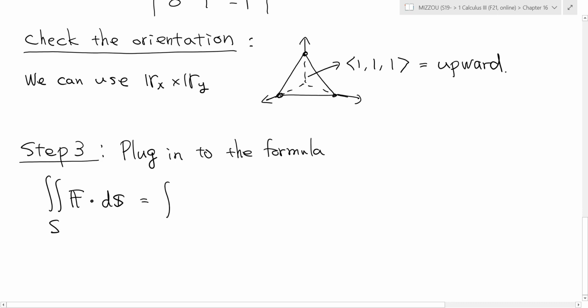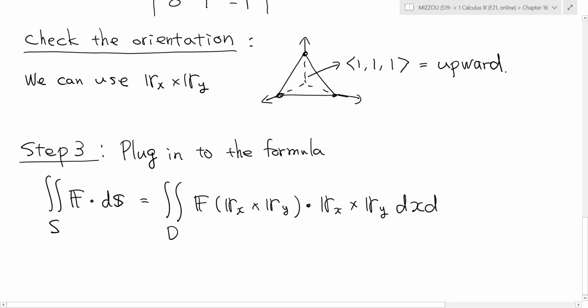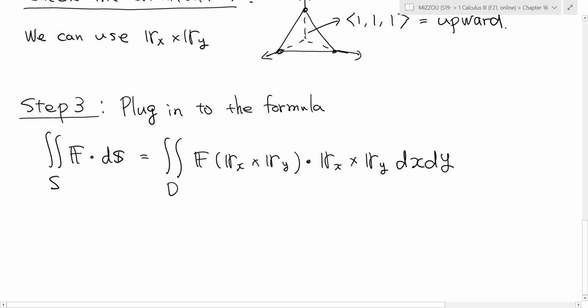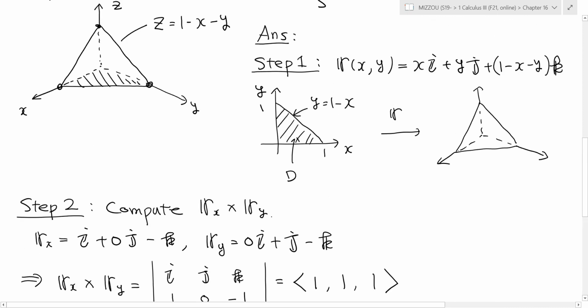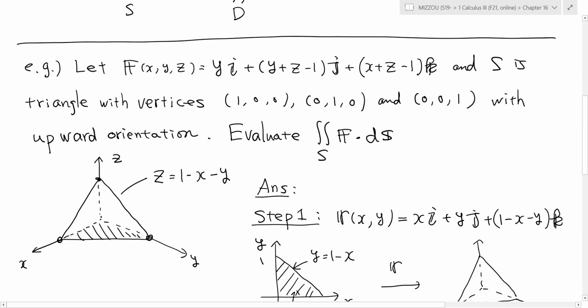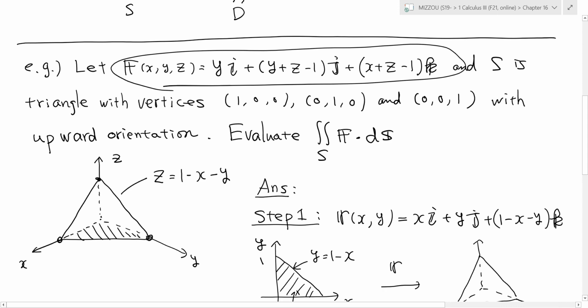And that is the double integral over D of F of r of x, y dot the normal, dx dy. What's this? You plug the parameterization into the vector field you integrate. What is that? Well, in this case, the vector field you integrate is this. Let me just copy it.